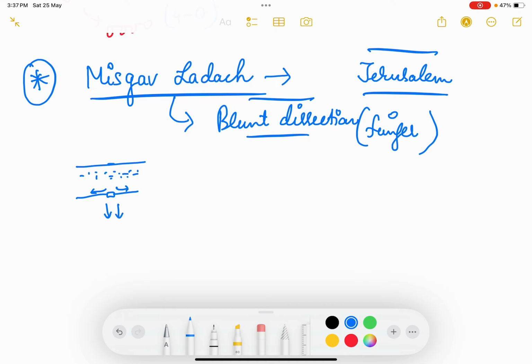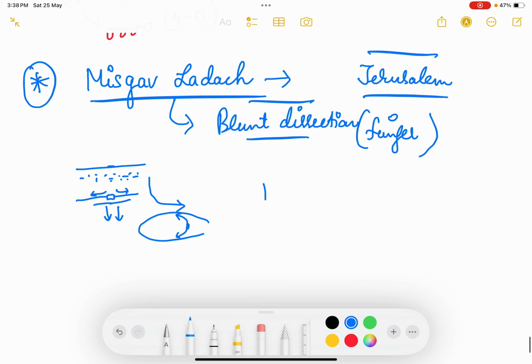The peritoneum is also opened using both index fingers, not scissors or a knife. In the uterus, give a small incision and with your fingers only retract the muscles so that the uterus separates. So all the dissections are mostly done using the blunt technique.